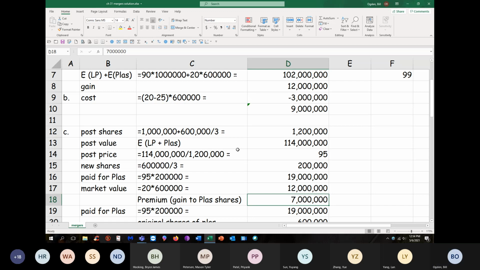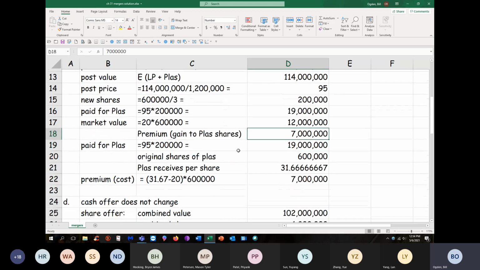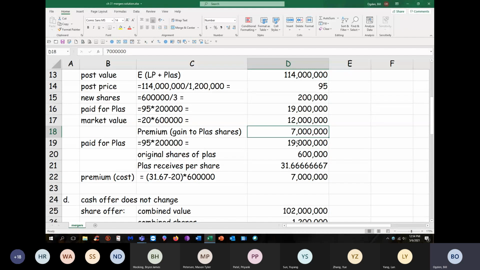Another way to view this, the value of the offer is $19 million, so they're basically offering PLAS $19 million for their 600,000 shares, which in the Wall Street Journal or other financial press would be said as this offer is worth the equivalent of $31.67 a share.